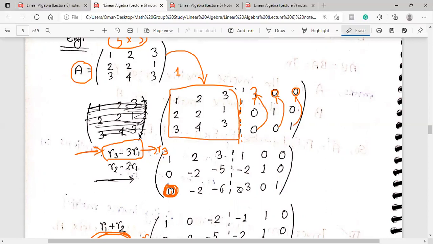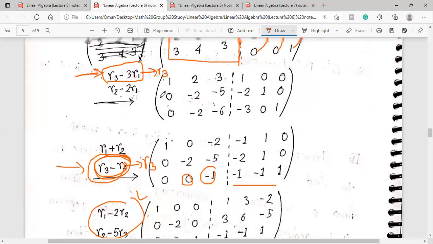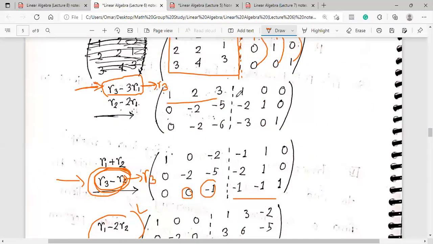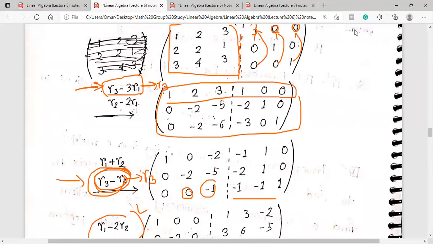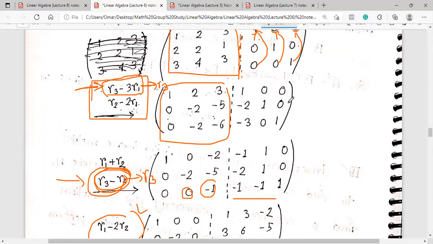So this way we did all the way up to here, okay? Because you need to calculate all this part, not only the left part, okay? The operation that I have written here, you need to do with all this part, from here to here, all this part.